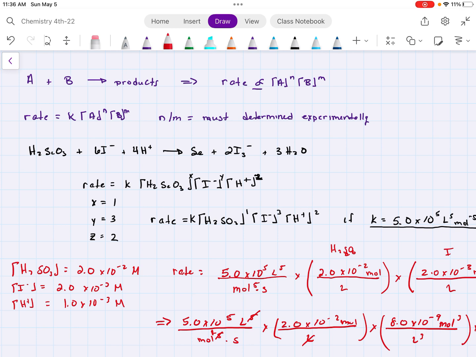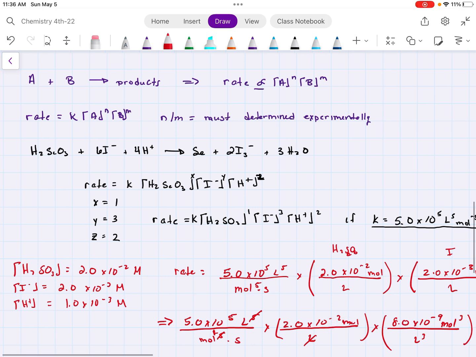So understand that this is a rate law, okay? And these numbers here have to be determined experimentally. If the coefficients and the rate law exponents happen to be the same, that is coincidental.